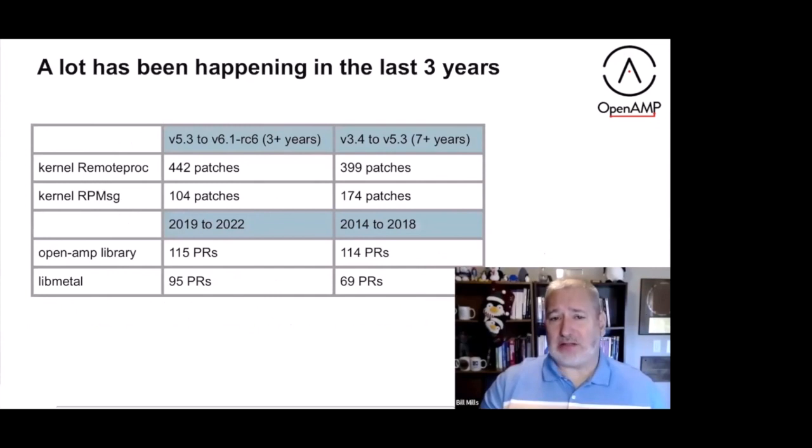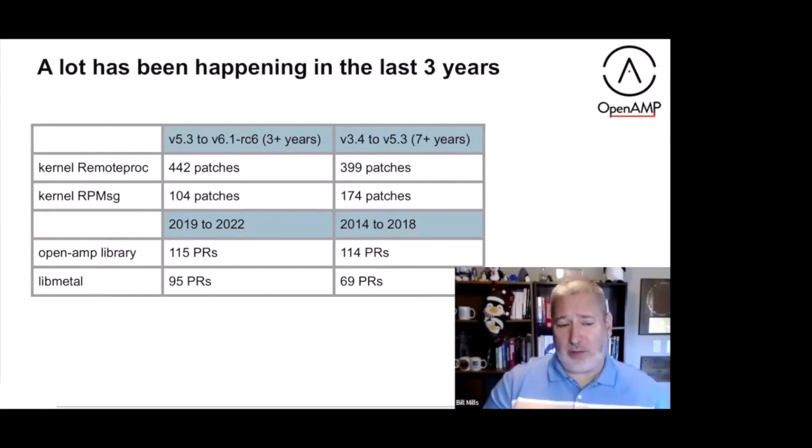So I said lots of interesting stuff has happened in the past 3 years. So I collected these statistics. If you look at Remoteproc in the kernel, you can see that more patches have come in the past 3 years than in the previous 7 years. But if you look at RPMsg, you can see even there the rate per year, the number of patches, has accelerated.